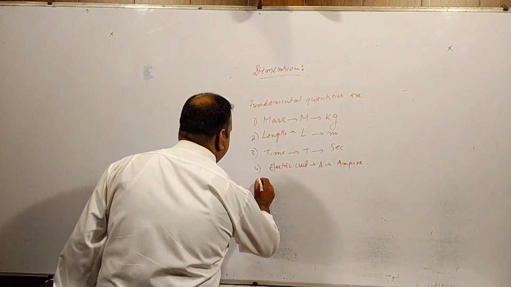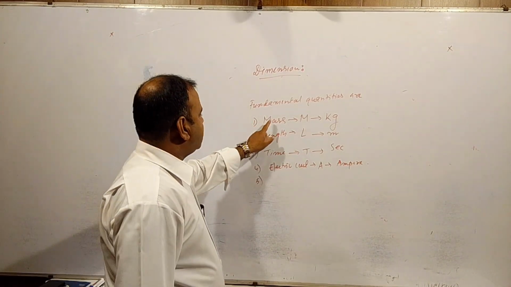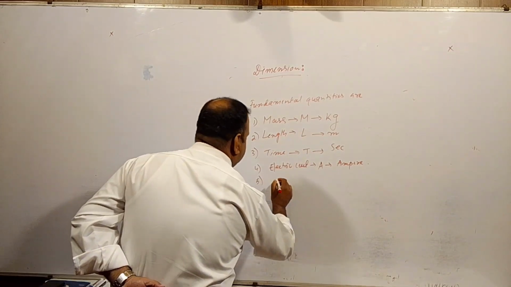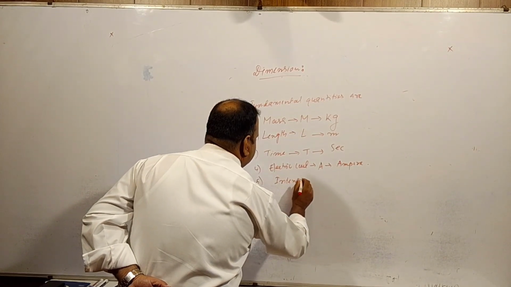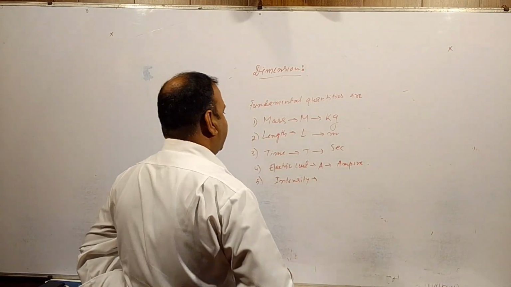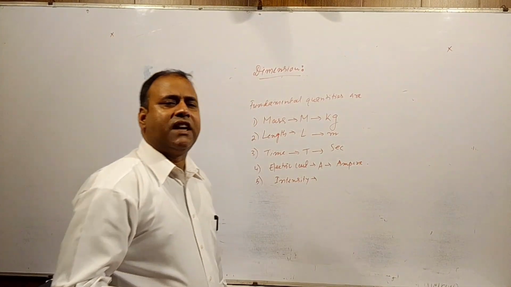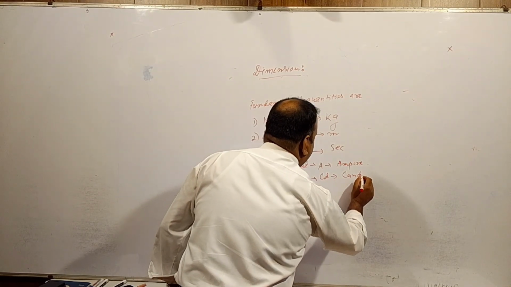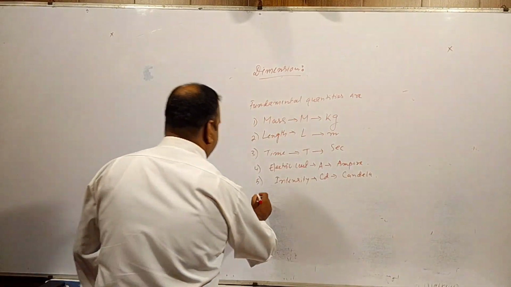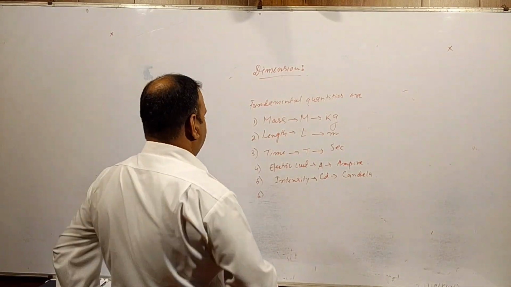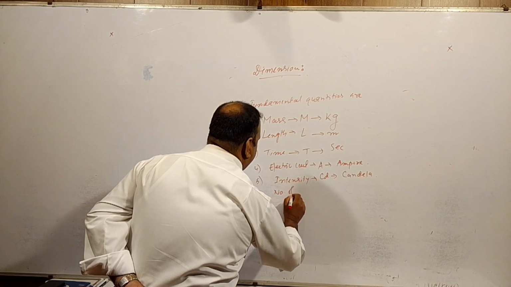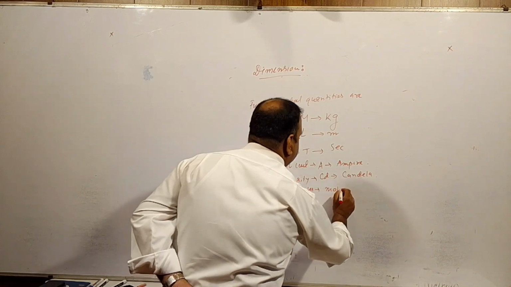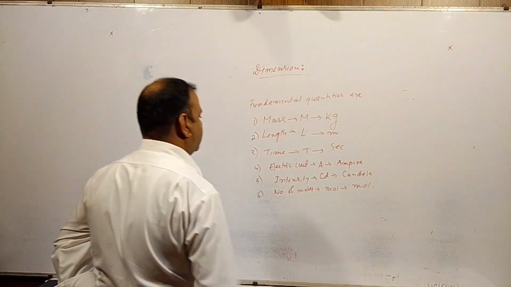Number 5: after mass, length, time and electric current, then luminous intensity. The unit of intensity is candela, represented by cd. Number 6, remember mole, the amount of substance, represented by mol.